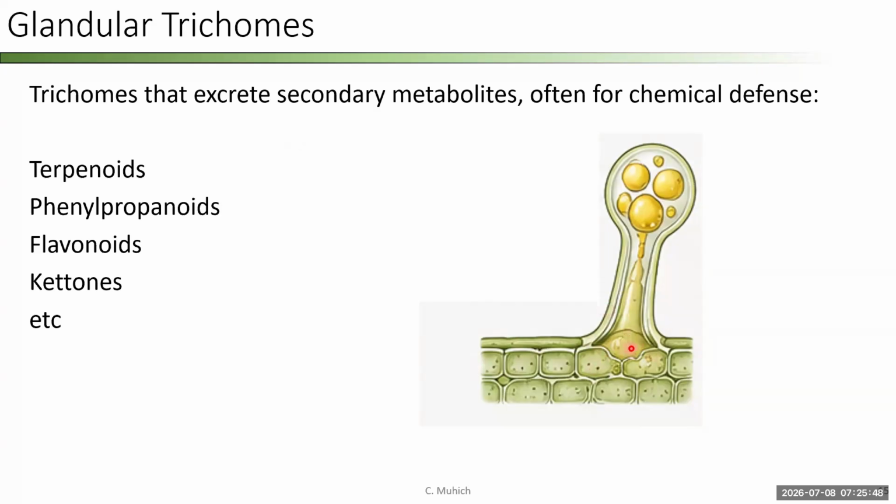It's a unicellular glandular example, and it's going to produce different oils, secondary metabolites, which are pushed up through this structure. And these are going to contain things like terpenoids, phenylpropanoids, flavonoids, ketones, etc. Don't worry about the names of these. We're going to talk about that next time.